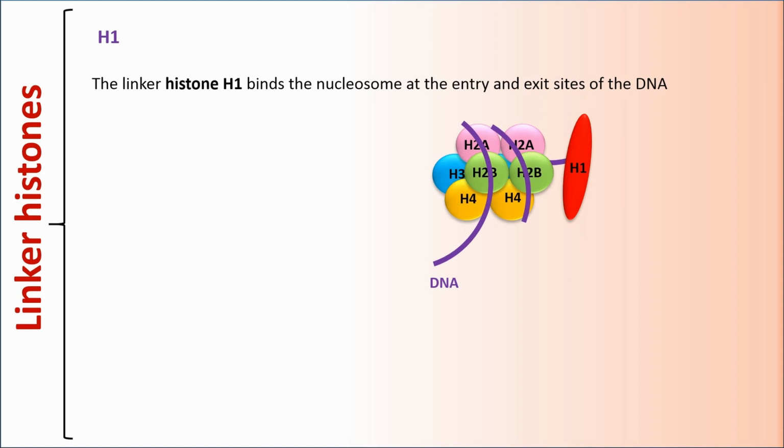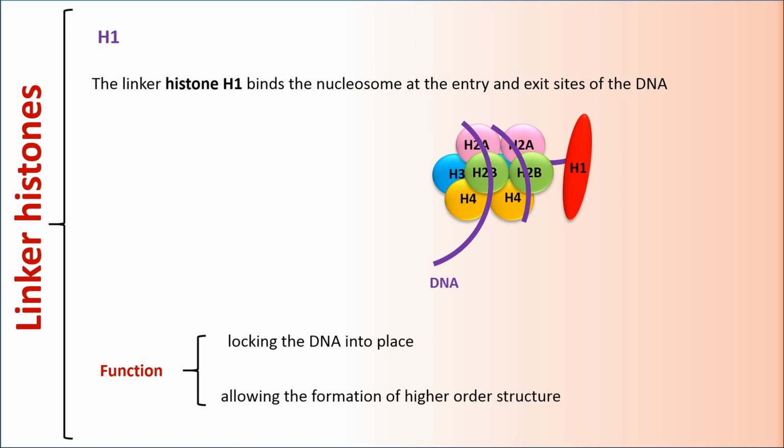Linker histones. H1. The linker histone H1 binds the nucleosome at the entry and exit sites of the DNA. Function of linker histones. Locking the DNA into place, allowing the formation of higher order structure.